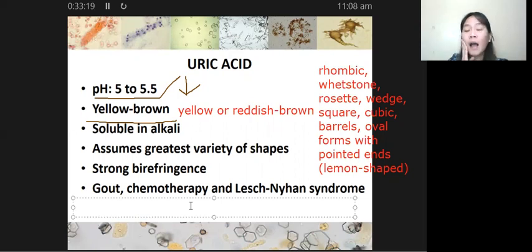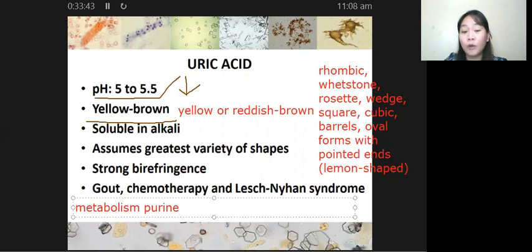If we are going to go back to the formation of the substance uric acid in the body, remember na galing sila, 'di ba? They are products of the metabolism of your purine.